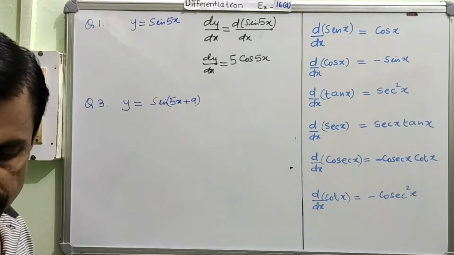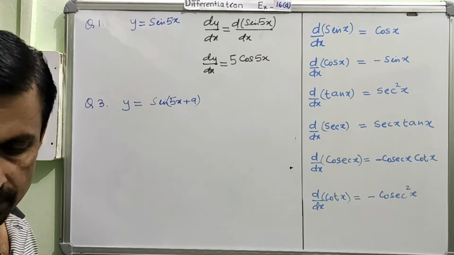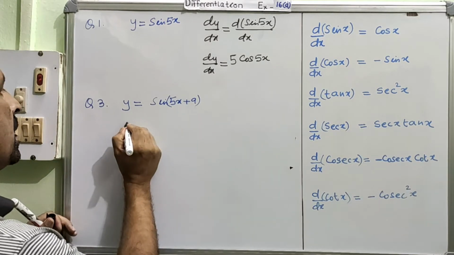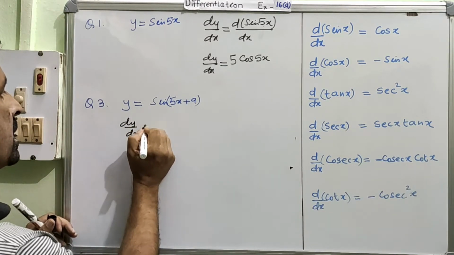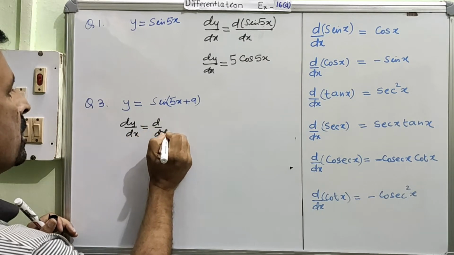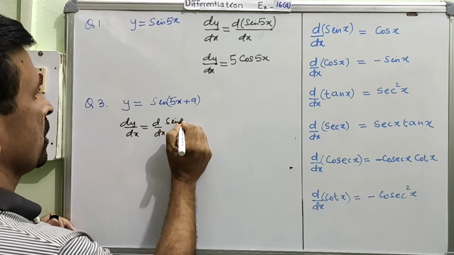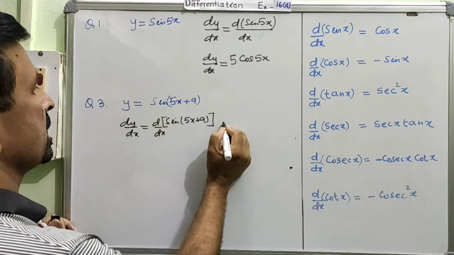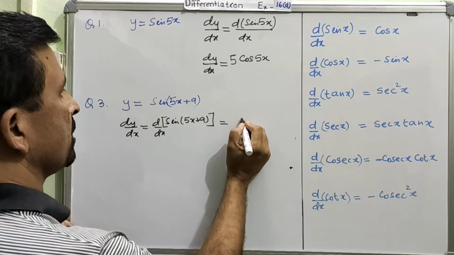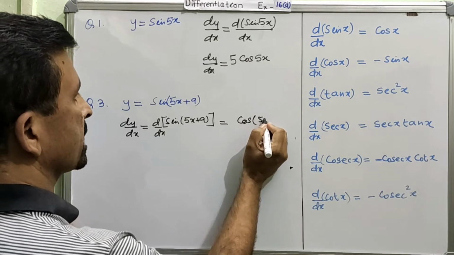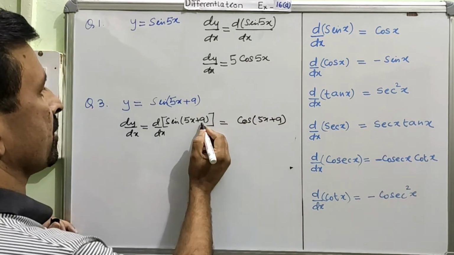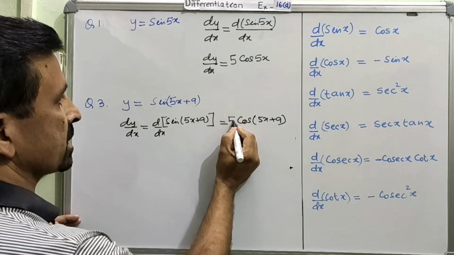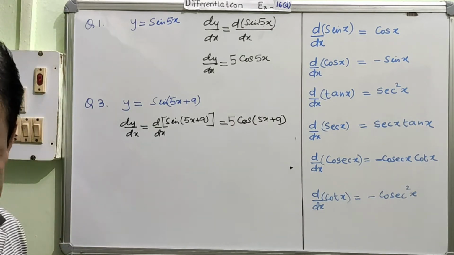We are now finding the derivative of this function. dy by dx is equal to the derivative of the given function sin 5x plus 9. First we find the derivative of the term, so it will become cos 5x plus 9, and then the derivative of the angle. This part is a constant, so it will become 0, and the derivative of 5x will be 5. So the answer is this. Am I very clear?